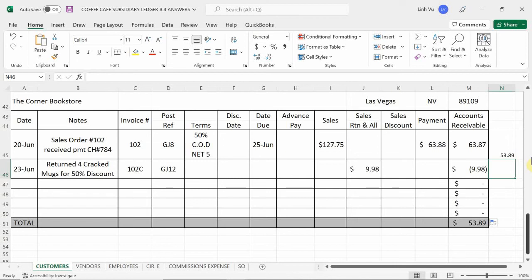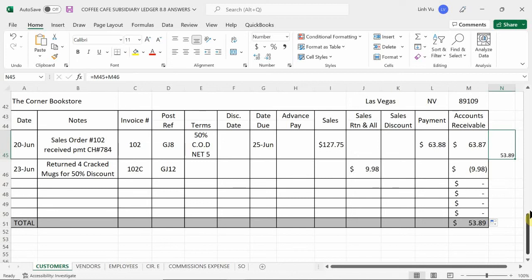I'm trying my hardest not to return or give my customers refunds. My goal is to try to keep my products sold. That's why they wanted to apply it to their invoice, so I just put it on the side here so that I know invoice number 102 is no longer at $63.87, because they did a refund.